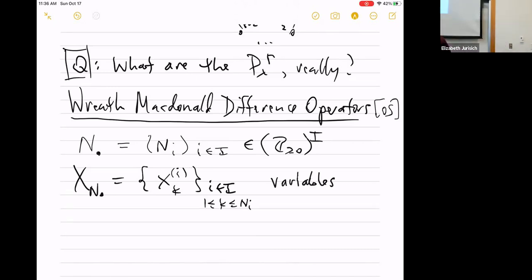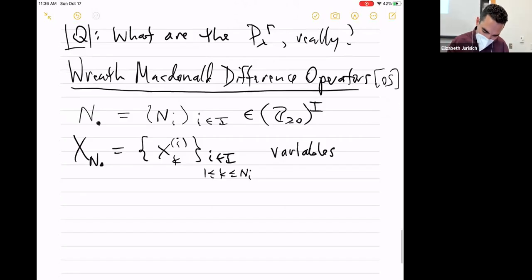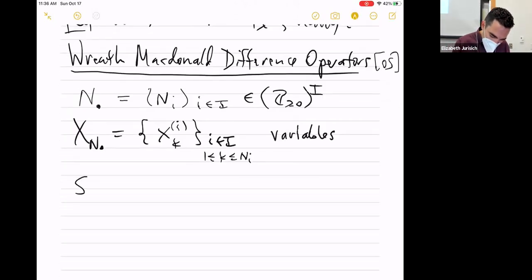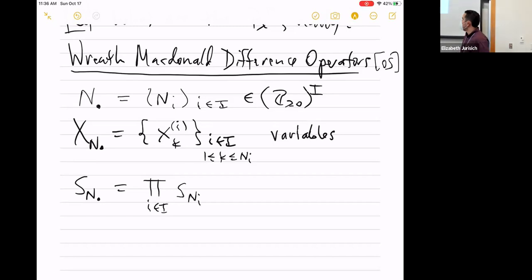And you have a symmetric group. For each i in I, you have a little symmetric group, and it permutes the variables at that vertex. So S_{N_i} permutes the variables with superscript i.